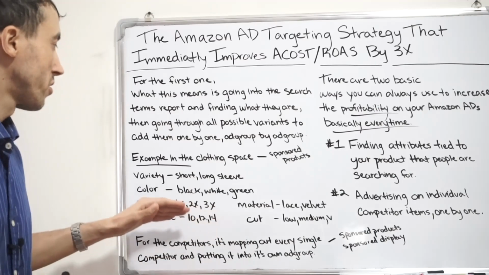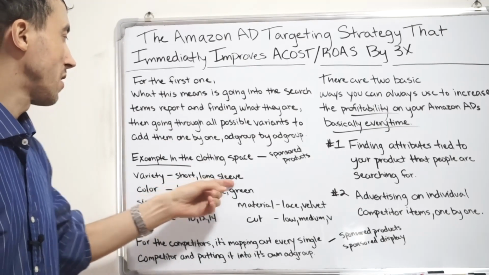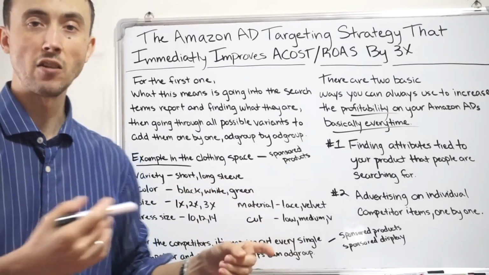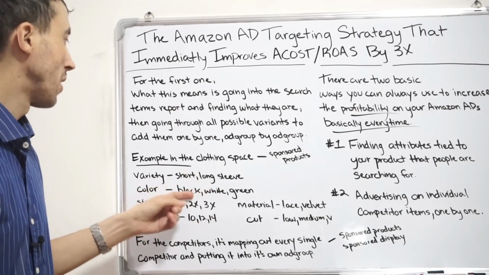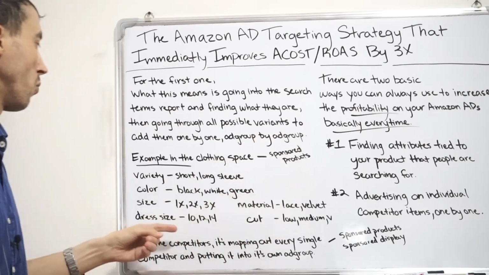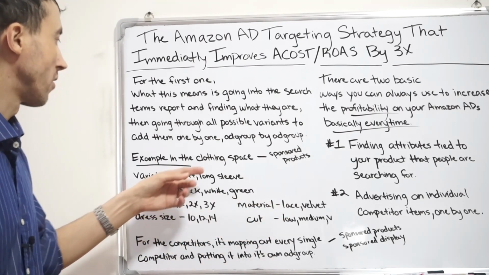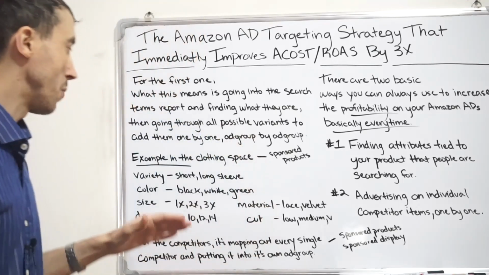So, in other words, you'll get one keyword that's just long sleeve dress, and then you'll get one keyword that's black long sleeve dress, assuming it's a black dress, and then you'll get one keyword that's 1X black long sleeve dress. Then you'll get one keyword that's, of course, lace 1X black long sleeve dress, and so forth. And it keeps going.